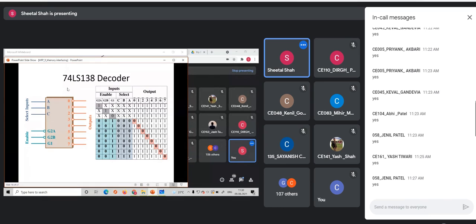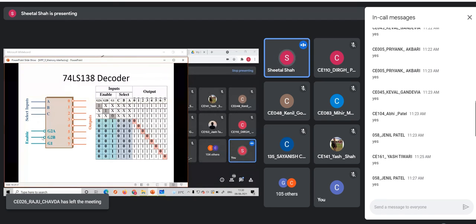That means the particular output selected by the input would be 0, whereas the rest of all would be 1. So when ABC is 000, the output 0 would be 0, whereas the rest of all are ones. Similarly, when it is 001, the output 1 would be 0, whereas the rest of all are 1.